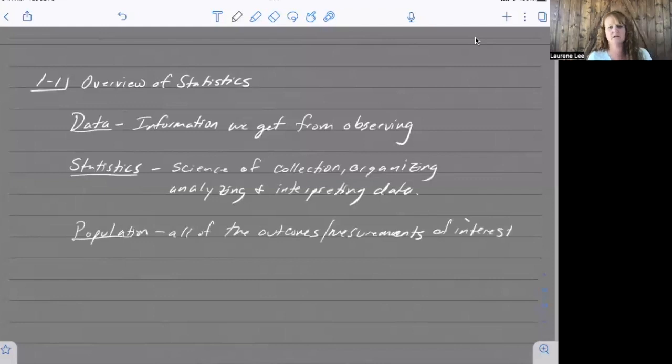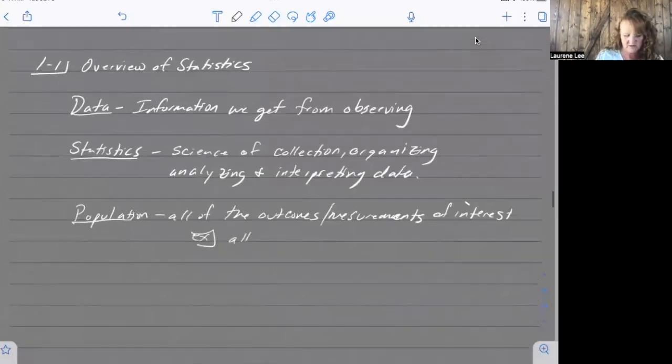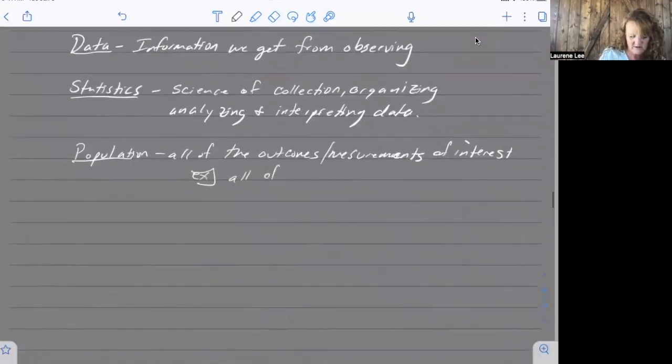Okay, so in our example, if I want to know the average height of the students at my college, the population would be all of the students at my college. Okay, it's the entire group that I'm looking to study.